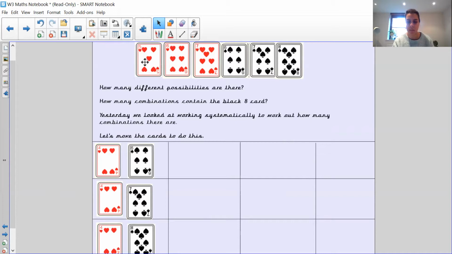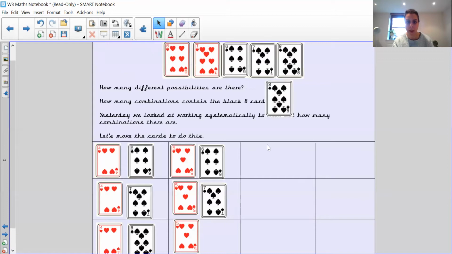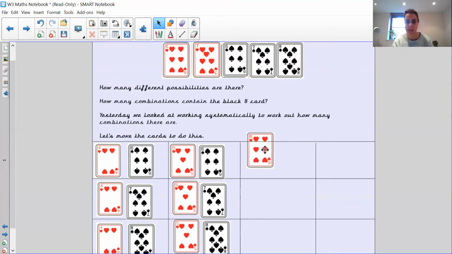Let's try with the 5. Red 5, black 6, red 5, black 7, red 5, black 8. Again, it's systematic, so I remembered which ones I've done. I'm going to try with the 6.